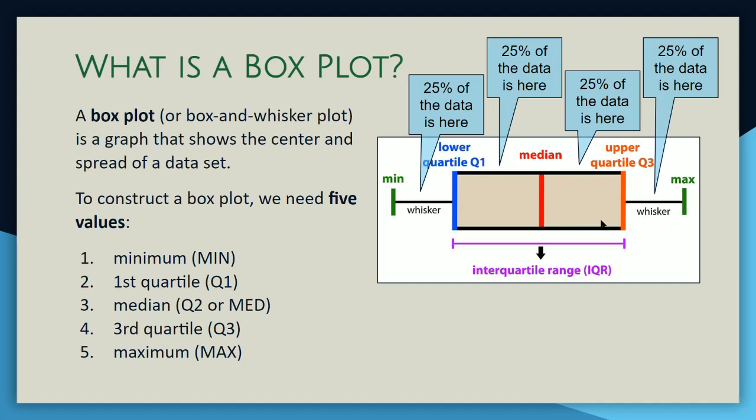And then a 25% or quarter of the data is in that upper whisker. The smaller that chunk of graph, the more tightly packed that 25% of the data is. 50%, specifically the middle 50%, is in the boxy part, the width of which is that interquartile range.